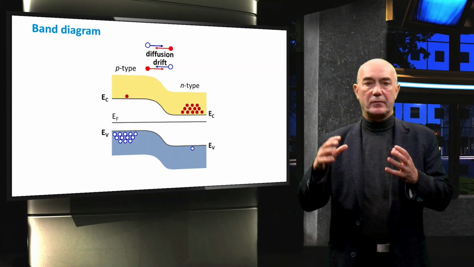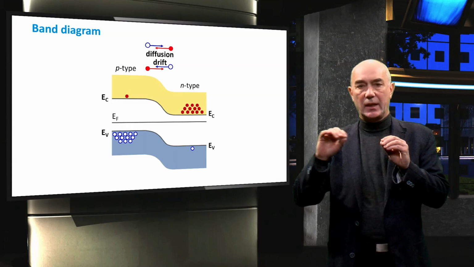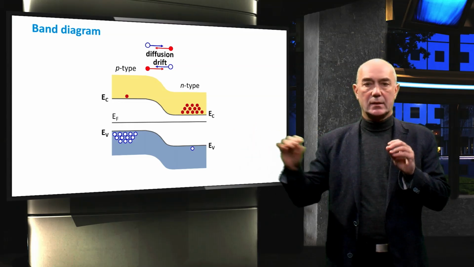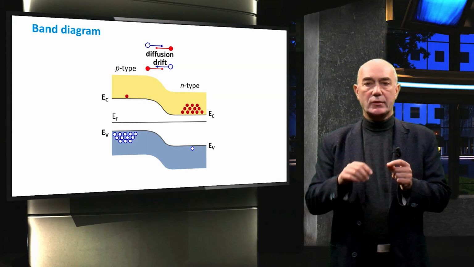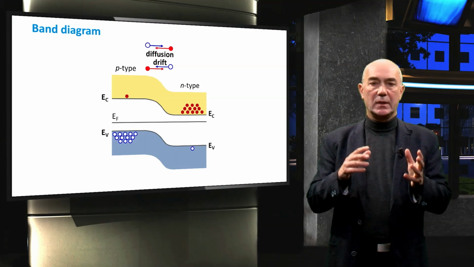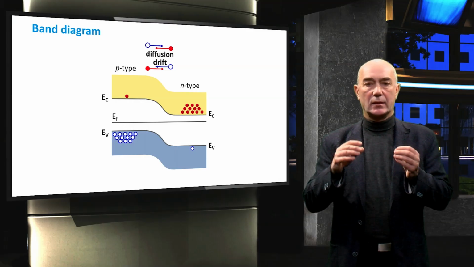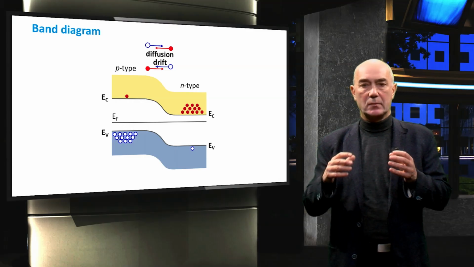This is shown by the fact that the Fermi level is flat throughout the whole device. We had to bend the conduction and valence bands to the point where the Fermi level of p-type region and the Fermi level of the n-type region matched up.